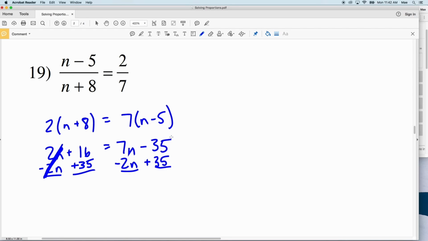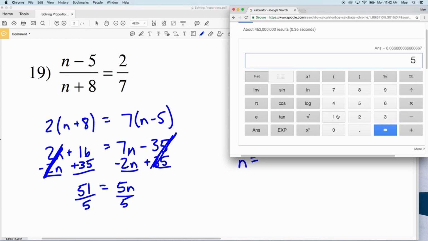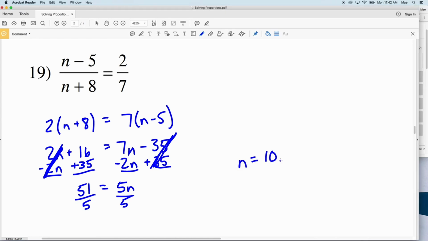So negative 35 plus 35 is 0, so I'll have 16 plus 35, which gives me 51, and that's going to be equal to 7n minus 2n, which is 5n. Dividing both sides by 5, I'll have that n is equal to 51 divided by 5, which when we type that into the calculator is 10.2. So 10.2 is equal to n.